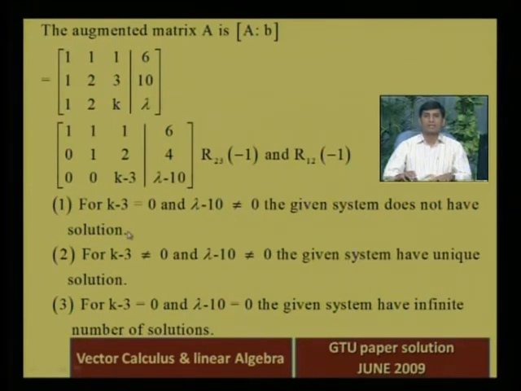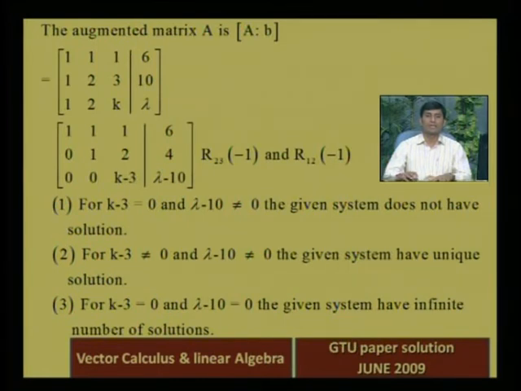Now for k minus 3 equal to 0, just try to understand how to solve this example. If k minus 3 is equal to 0 and lambda minus 10 is not equal to 0, then the system does not have a solution.